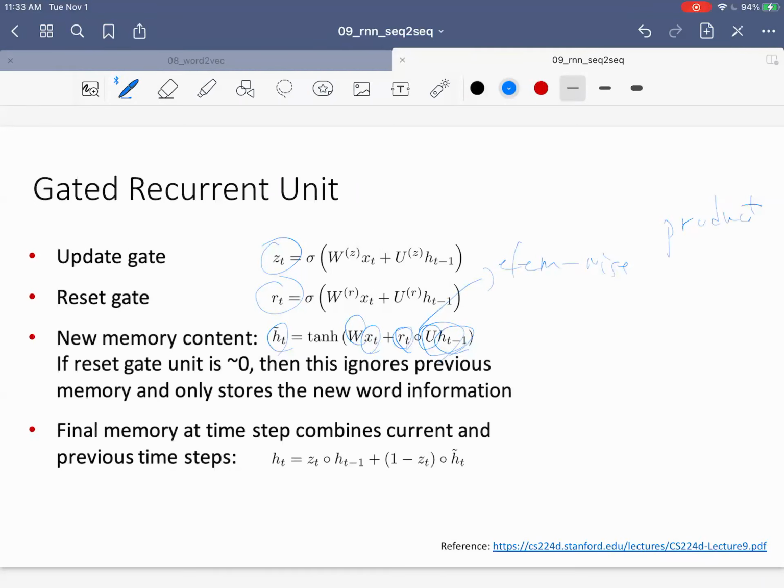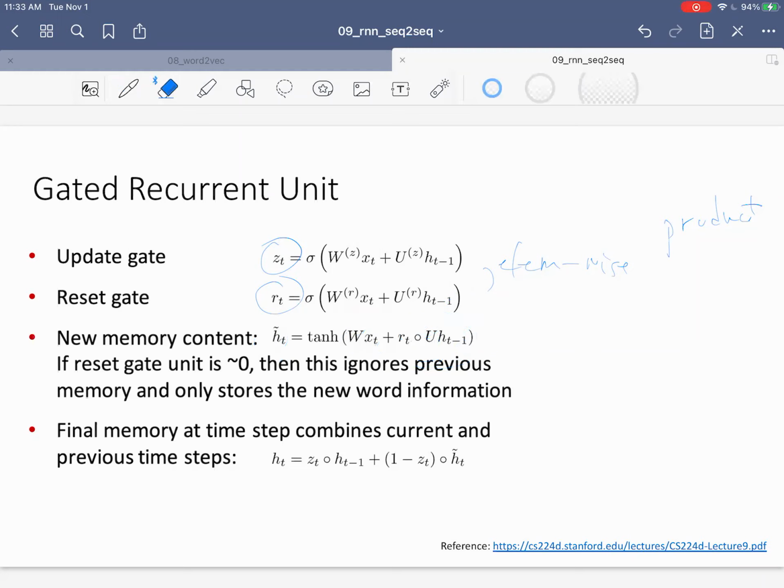So what your reset gate does is control how much your previous memory, your previous hidden layer, should affect your H tilde. If your R is completely 0, then this term goes away, and your H tilde only consists of your current input, right?